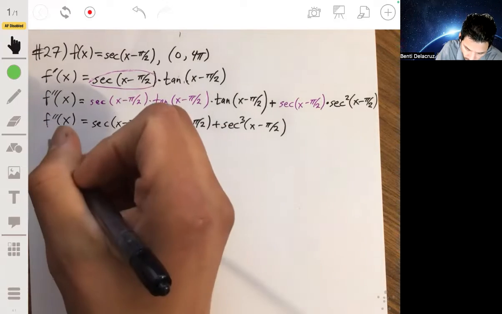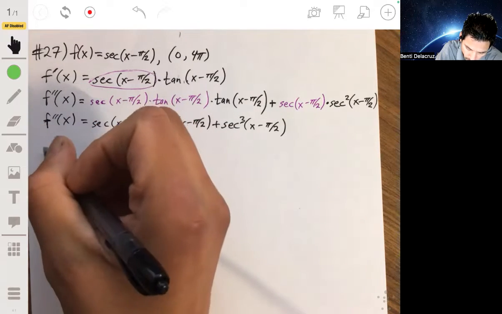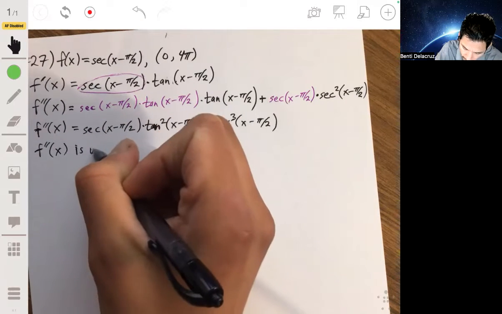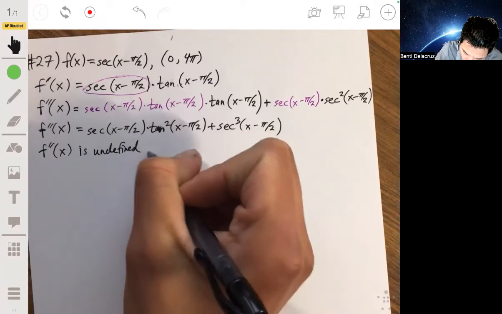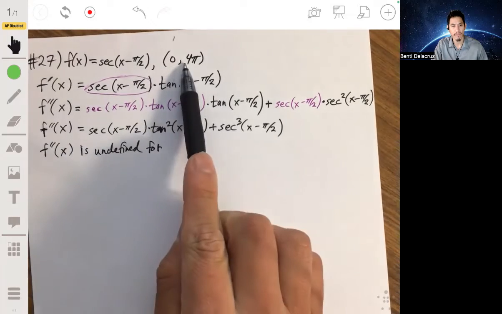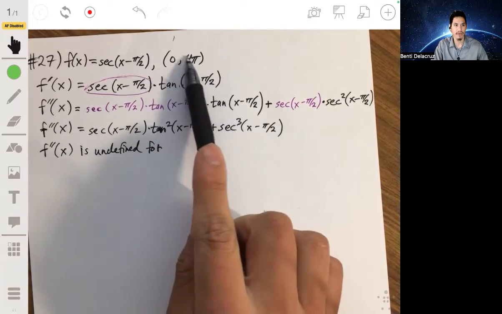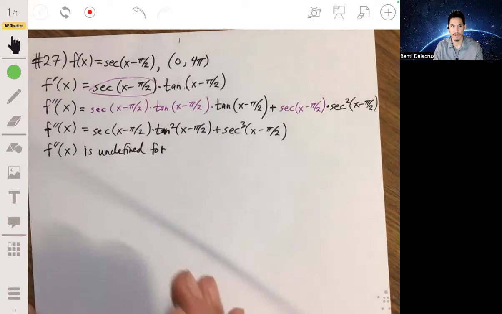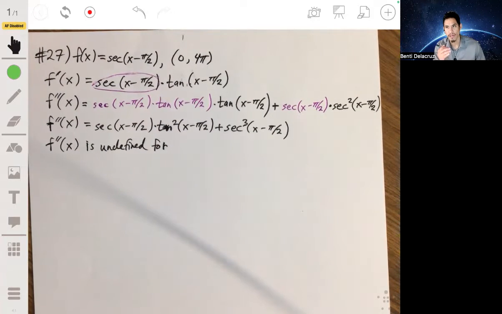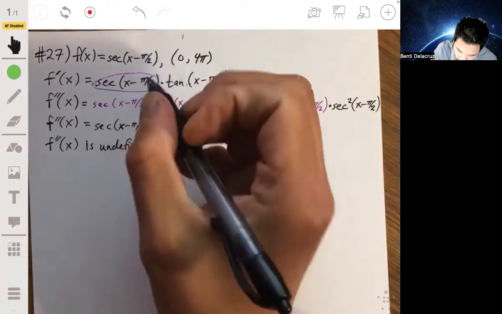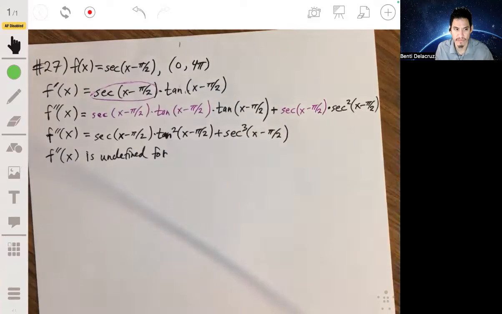So f double prime of x is undefined for, so when we're looking at this interval, we only care about where it's undefined on this interval because it's a trig function especially, otherwise it'd be a lot of work. So we need to know our trig. We need to know where the secant function is undefined and where the tangent function is undefined.